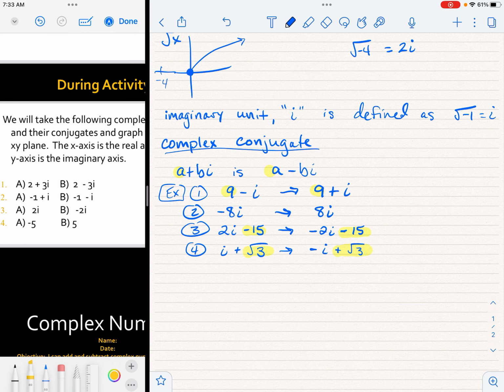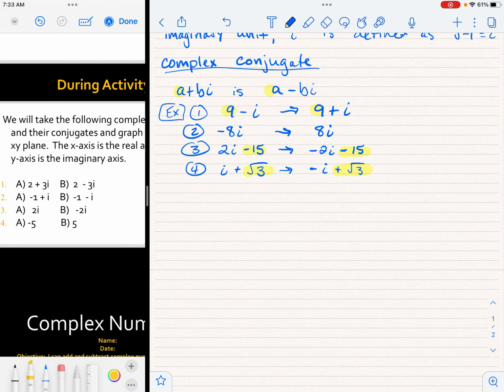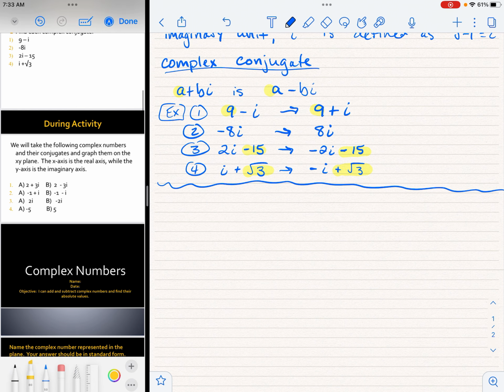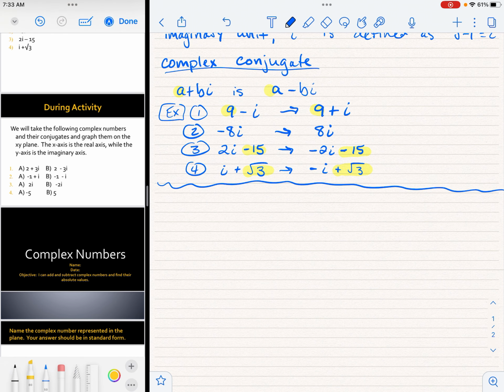All right, so we're going to take these complex conjugates and graph them on the standard plane. This tells us that the x-axis is the real axis, and the y-axis is the imaginary axis.